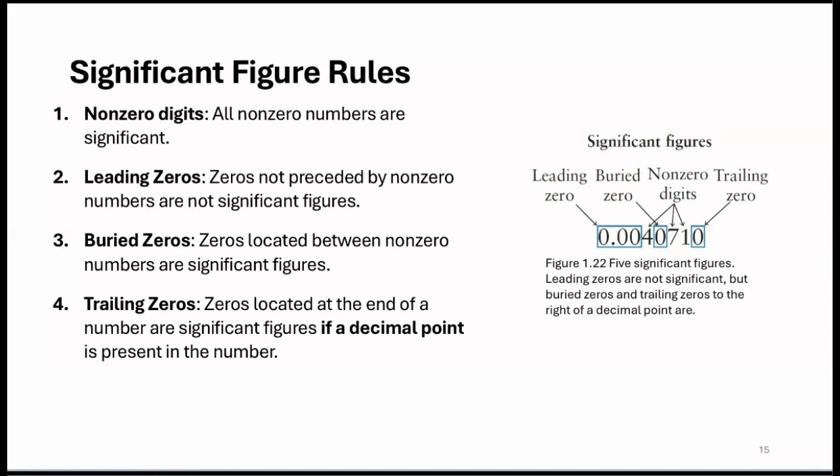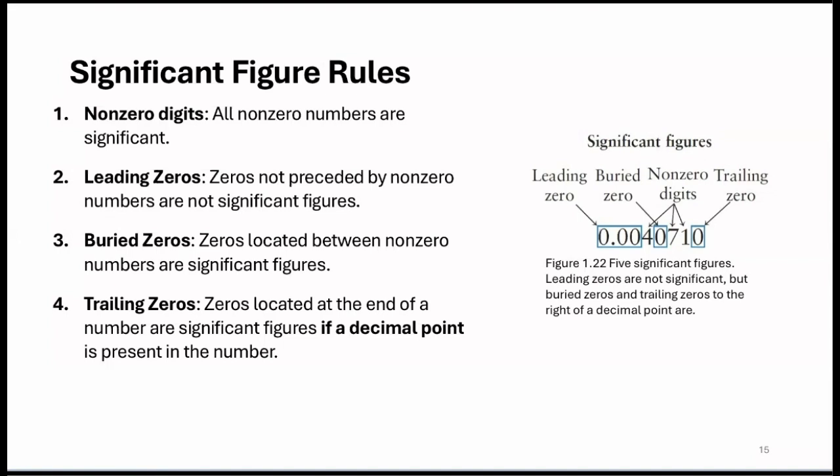Rule number 1, non-zero digits. It is known that all non-zero numbers are significant. That means that all the digits that are not zero are going to carry meaning. We can observe in the image on the right side of the slide, in figure 1.22, where our non-zero digits are located.